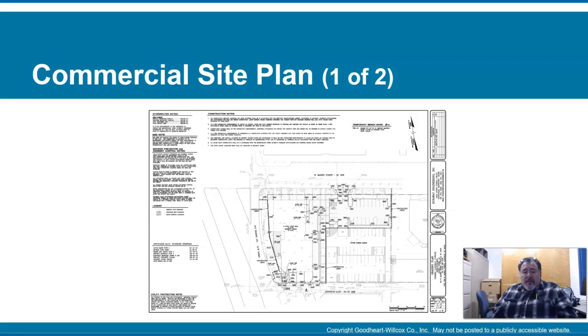Notice the arrow is probably pointing to true north, slightly at that 21-degree angle. And you can see there's a street over here, some roads over here, going around the corner, the property on the next street. Lots of information going on here in this commercial site plan.